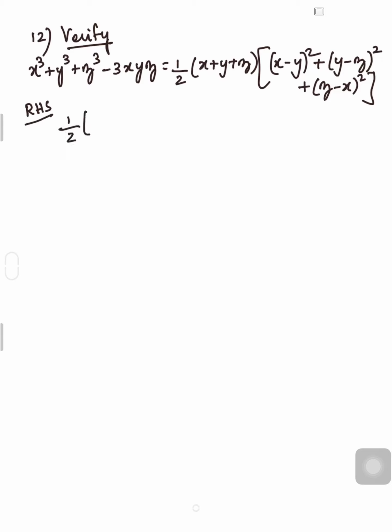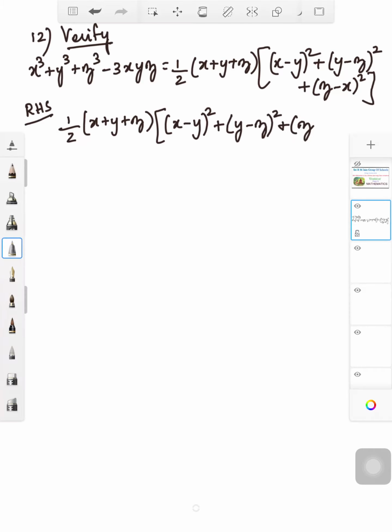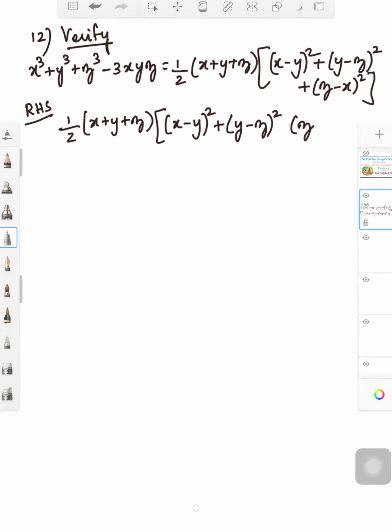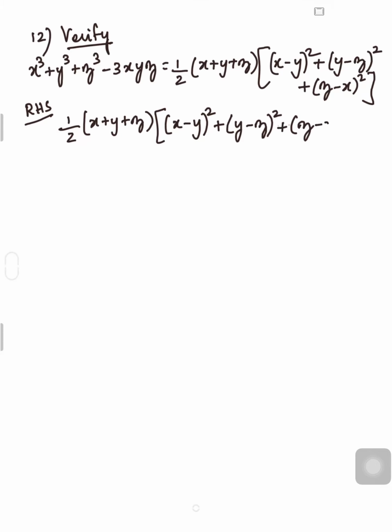So what is RHS? Half into (x plus y plus z) into ((x minus y) whole square plus (y minus z) whole square plus (z minus x) whole square). So it is equal to half into (x plus y plus z) into, all these are in the form of (a minus b) whole square.